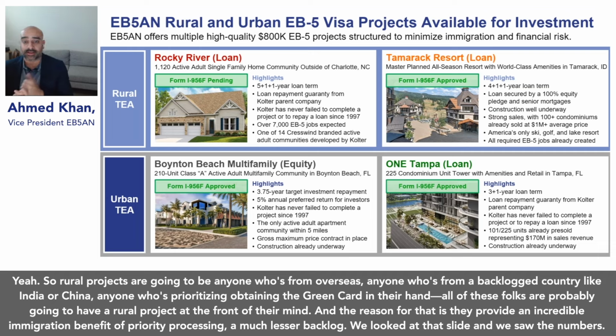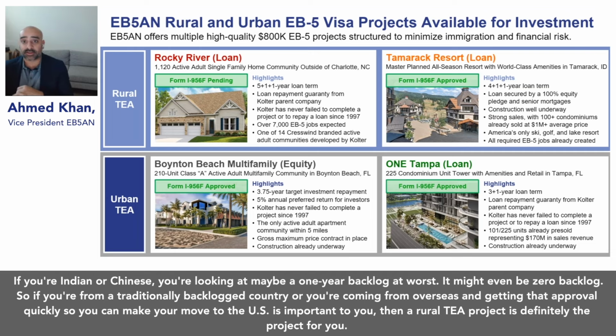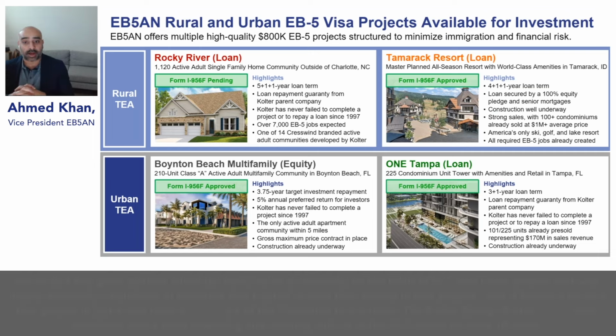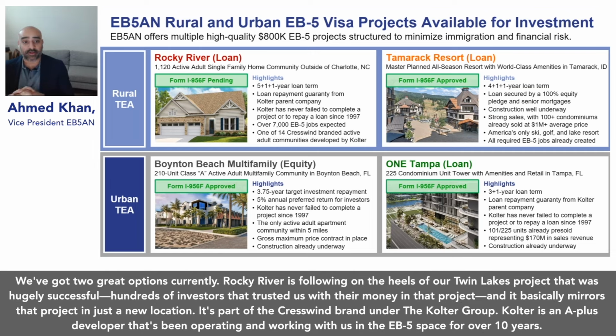We looked at that slide and we saw the numbers. If you're Indian or Chinese, you're looking at maybe a 1 year backlog at worst. It might even be zero backlog. So if you're from a traditionally backlog country, or you're coming from overseas and getting that approval quickly so you can make your move to the US is important to you, then a rural TEA project is definitely the project for you. We've got 2 great options currently.